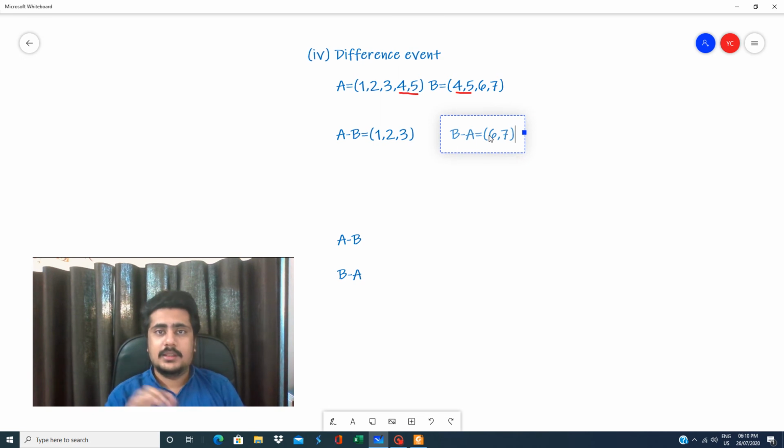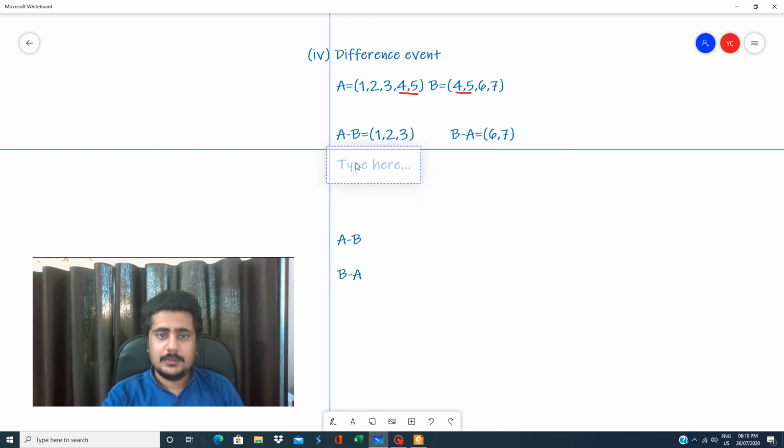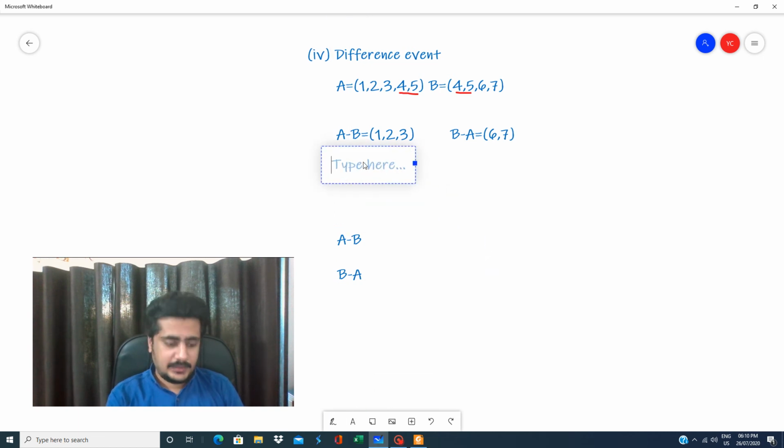So this 6 and 7 is B minus A. I have subtracted A from B. Now if we write with the formula, then A minus B is equal to A minus A intersection B.